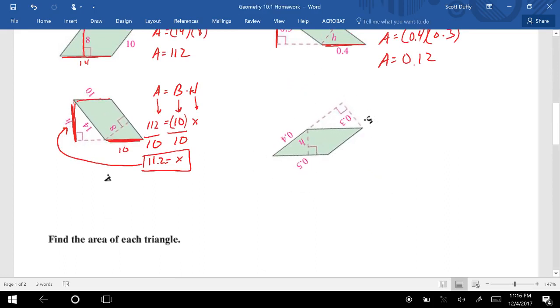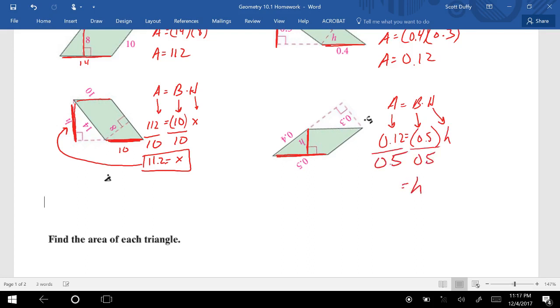Okay, so now we have an unknown height right here and a known base. This is 0.5. So set it up the same way. Area equals base times height. Area we found was 0.12. Base, the new base, is 0.5. And height is unknown. I'm going to actually call it h this time. Solving for h, you have to divide by 0.5 on both sides, and you get 0.24. So that is your h.